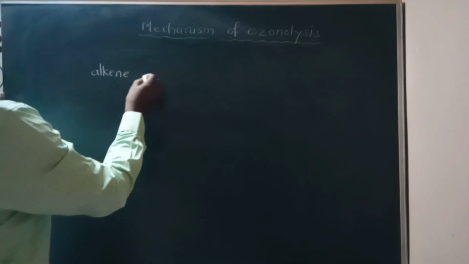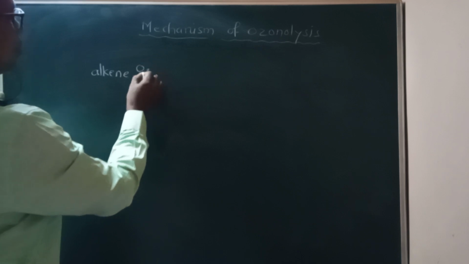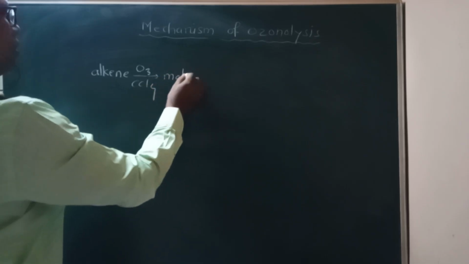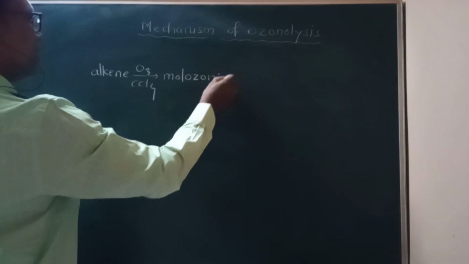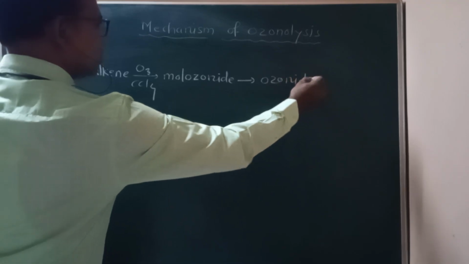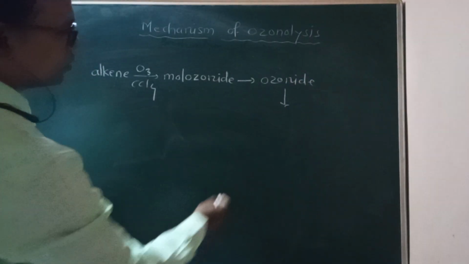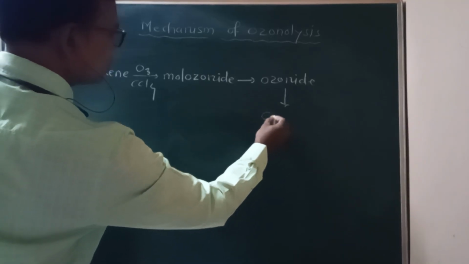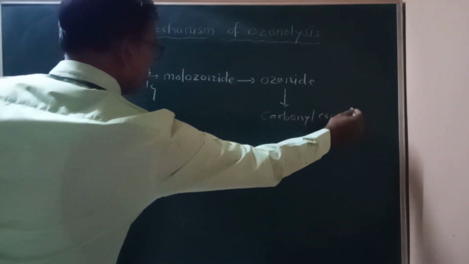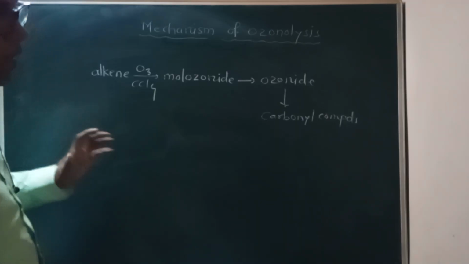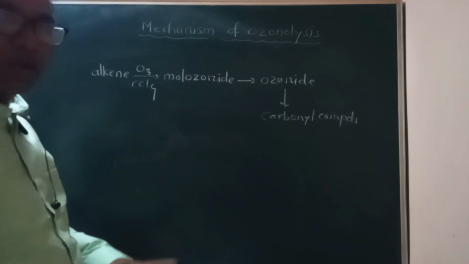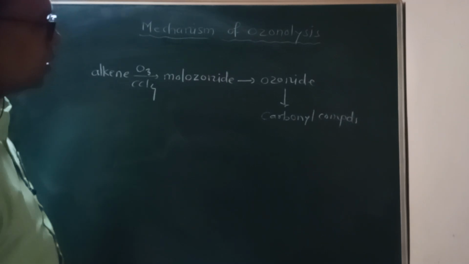So an alkene on reaction with ozone in presence of CCl4 first of all gives the intermediate compound called molozonide, and this molozonide on further rearrangement gives ozonide, and this ozonide on any kind of decomposition, either oxidative or reductive, gives carbonyl compounds, which may be aldehydes or ketones or carboxylic acids or anhydrides, and in some cases it also gives alcohols, maybe primary or secondary alcohols. So it's an overall reaction.